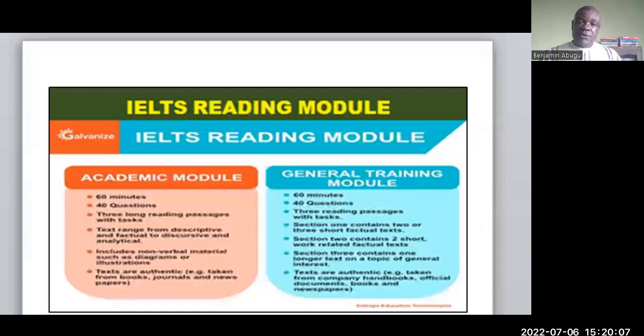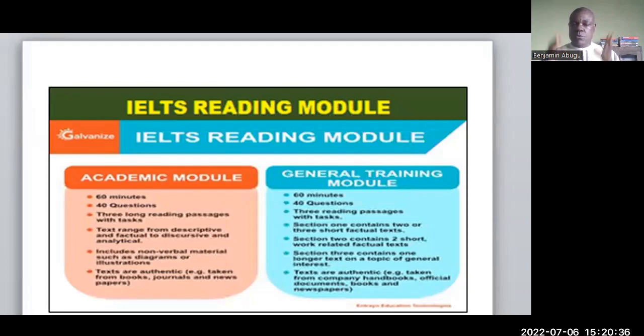Okay? So now, IELTS reading is different for the academic module and different for the general training module. But there are a number of similarities, okay? Reading has 3 reading passages and 40 questions. So make sure you write the answers directly on the answer sheet, as already mentioned.